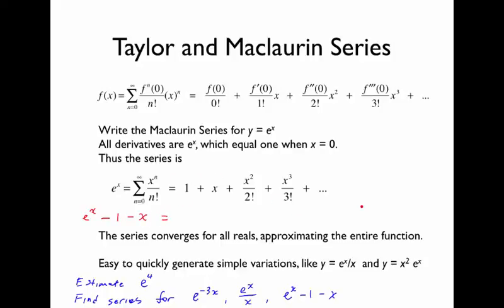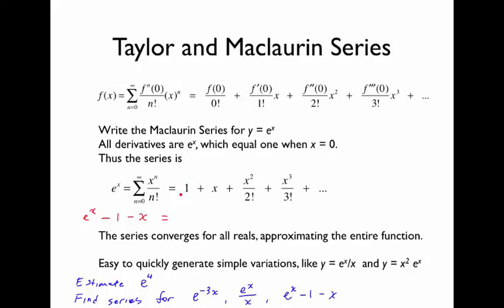So I got this series. What will I get? You're confused. I've got a sum of a bunch of terms: 1 plus x plus x squared, blah, blah, blah. Now I'm going to subtract 1, and I'm going to subtract x from that. Oh, so it just removes the first two. Right. That's so cool.